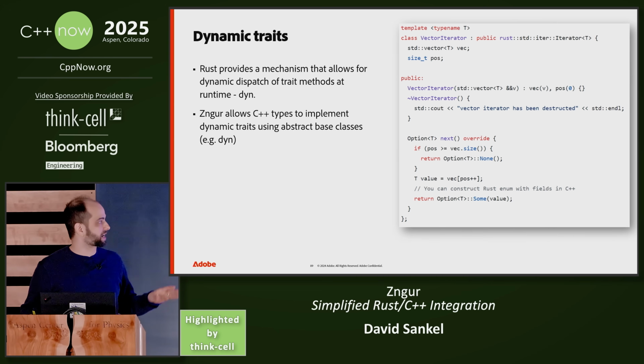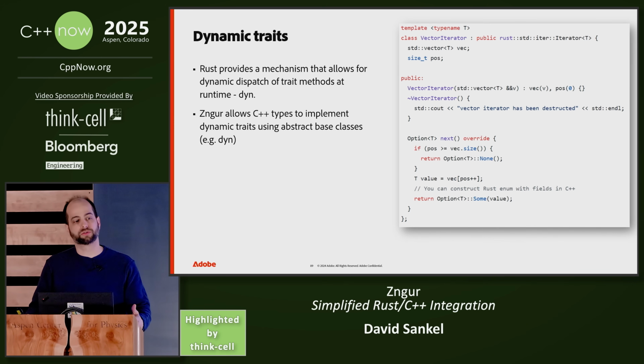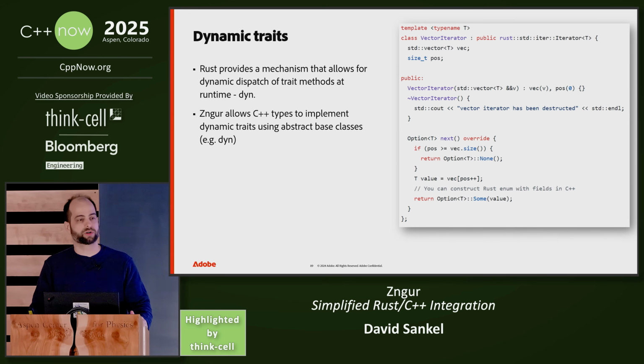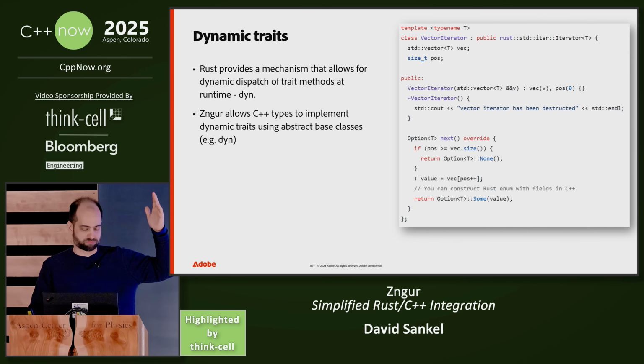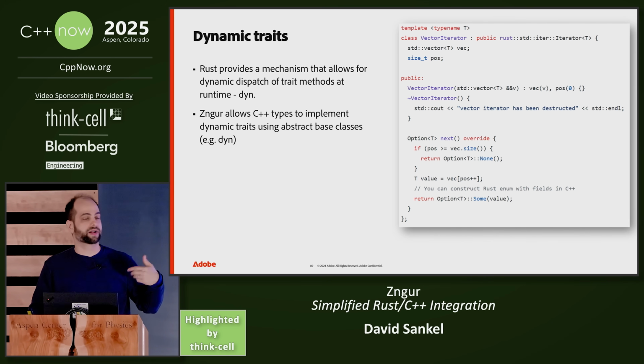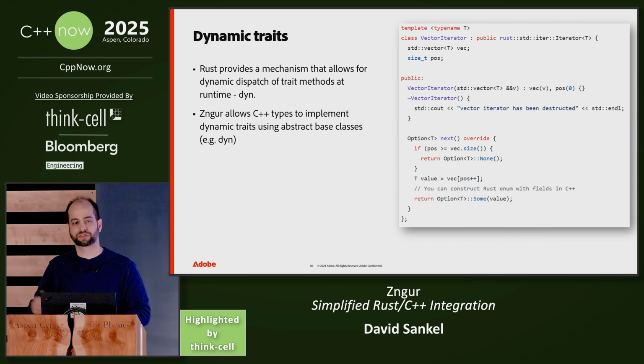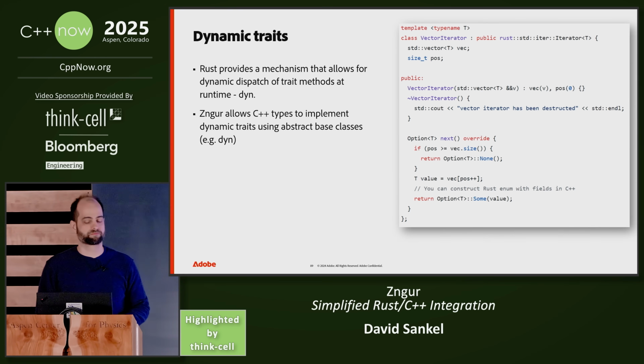I'm not going into details of how you actually generate this, but in Zngur, you can say, hey, I would like to expose this dynamic trait to C++, and it will generate in generated.h an abstract base class that you can inherit from. Then you can call Rust functions that expect a dynamic dispatch version of a trait. And that works, and it's kind of cool.